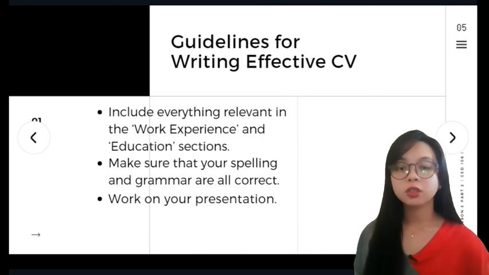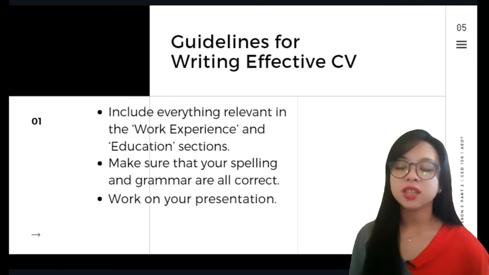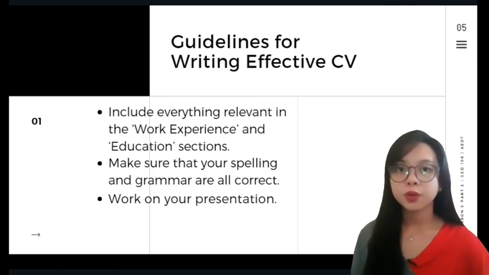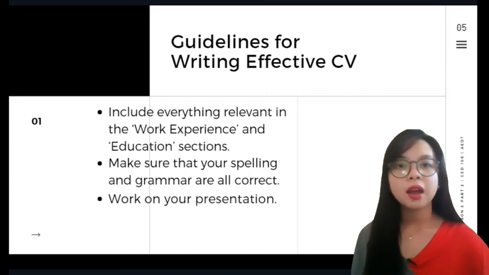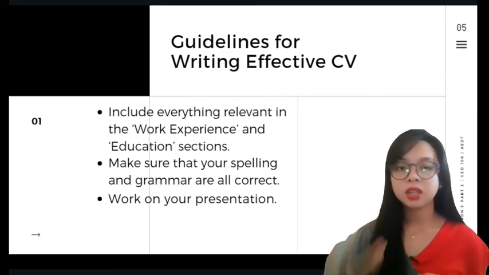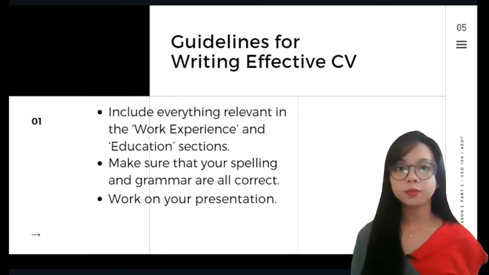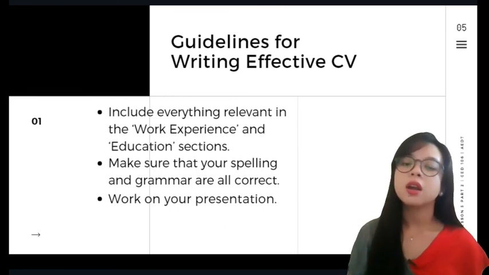Also, you need to include everything relevant in the work experience and education sections, because that will be very important for your employer to see if you have the experience already, or if you have the bachelor's degree, the master's degree or the doctorate degree, which is an advantage.